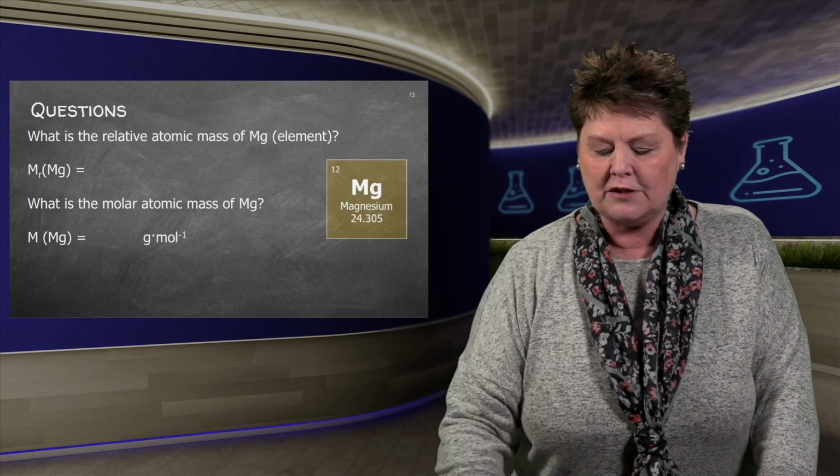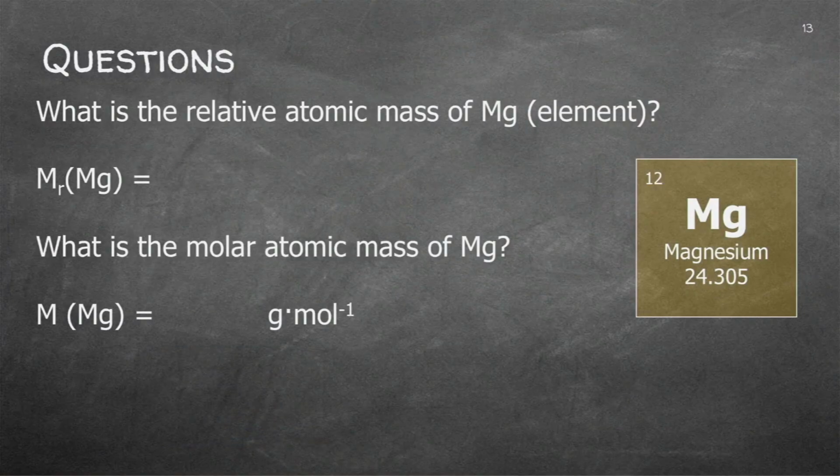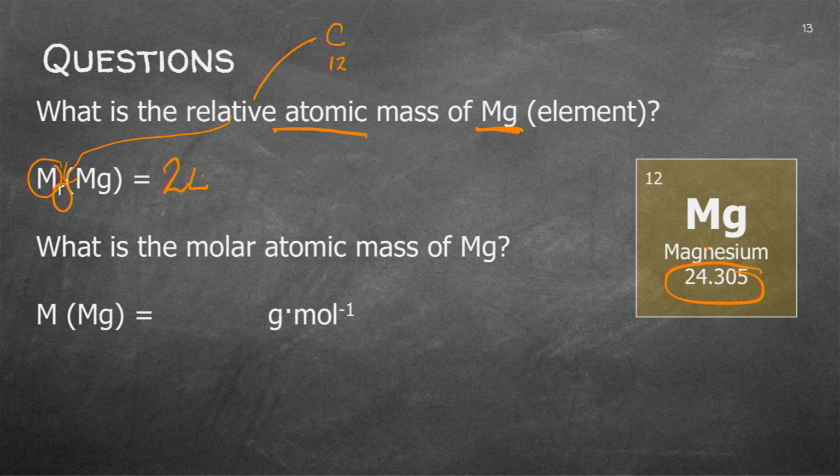Let's have a look at a question. What is the relative atomic mass of magnesium? Now that's relative. So we know it's measured against carbon. And atomic means 1 atom. And there you'll see mass, distinguishing it as relative, and they're giving me magnesium. And if I have a look on my periodic table, my answer would be 24.305, because that is the relative atomic mass.